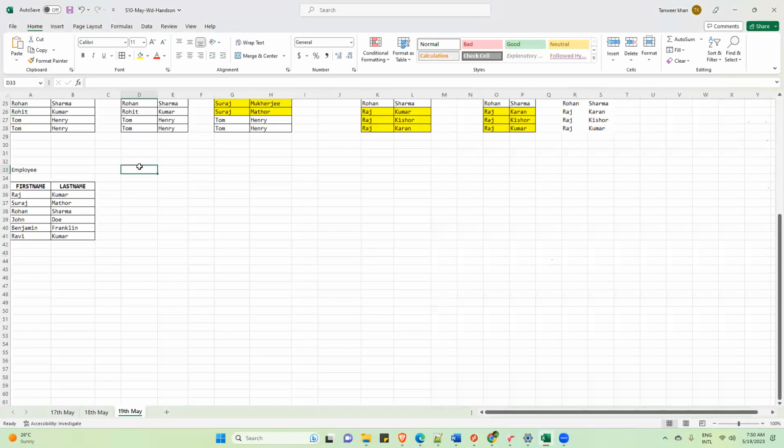Now, the meaning of this query is we are telling the SQL engine to sort based on the first name. In which order, ascending or descending? Ascending. Then why have I written last name descending here? What is the meaning of this?